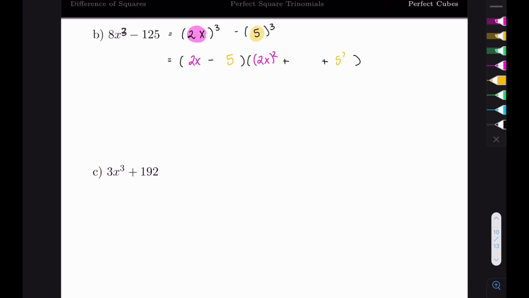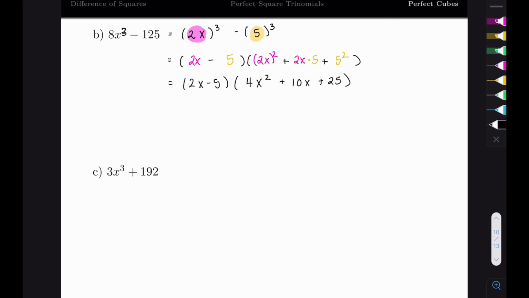And the last is 5 to the 2nd. In the middle, we multiply the 2. So we get 2x times 5 in the middle. And then it's just a bit of algebra. That's 2x minus 5. This front piece, you distribute that 2, so it'd be 2 squared or 4. Then we get plus 10x plus 25.